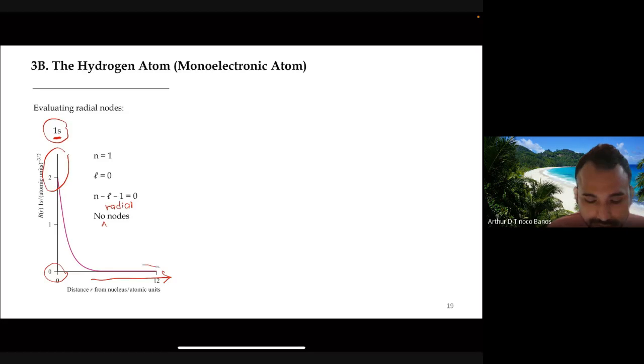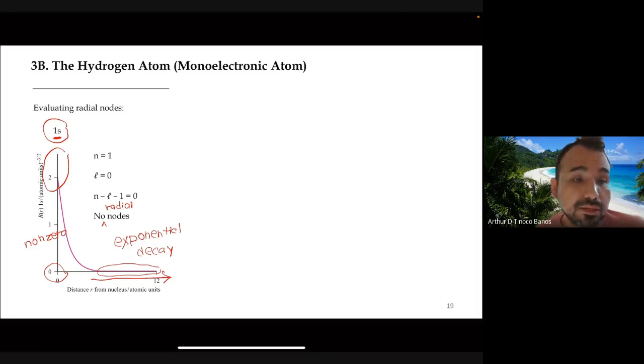It comes close to touching 0, but it actually never equals 0. All right, so that's what it means that there are no radial nodes. So we see the exponential decay. And we also see that there is a non-zero value here. Okay, and this being the s orbital.